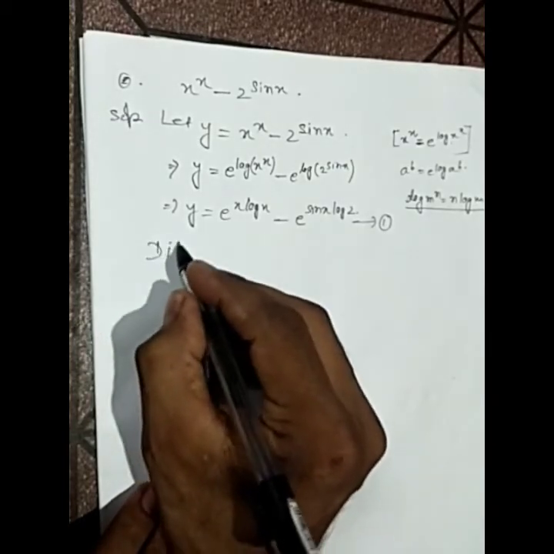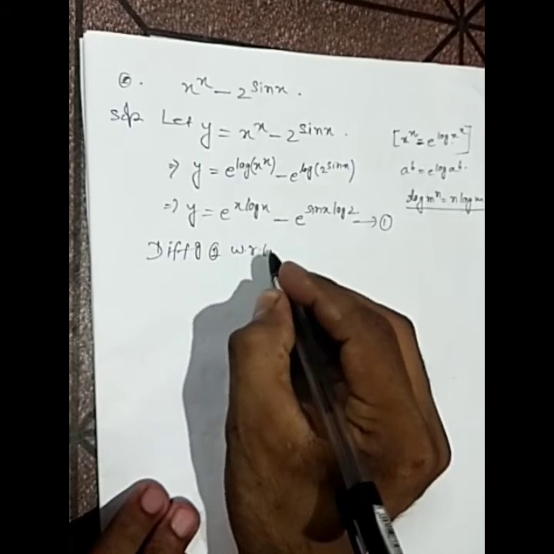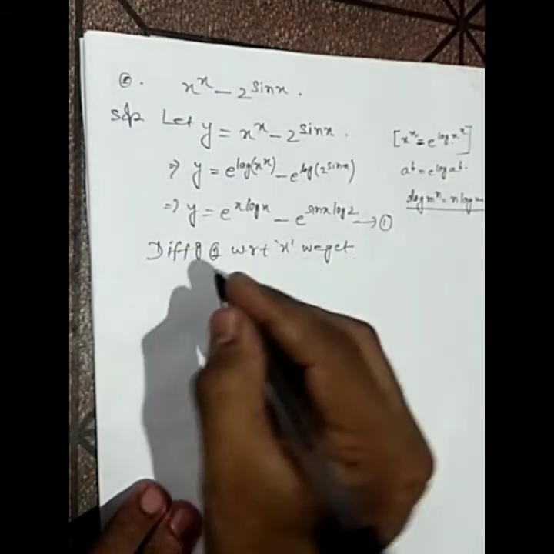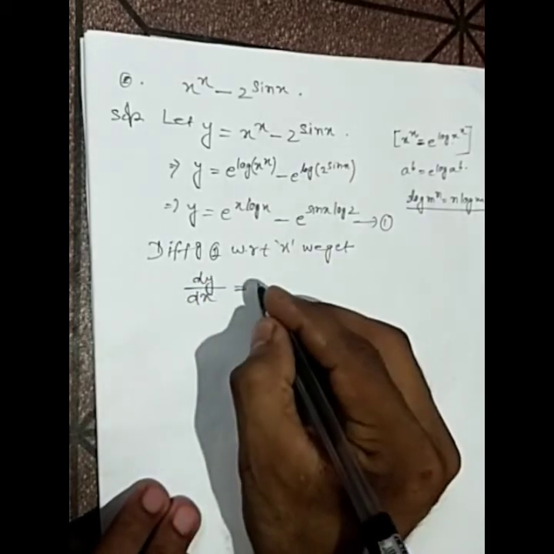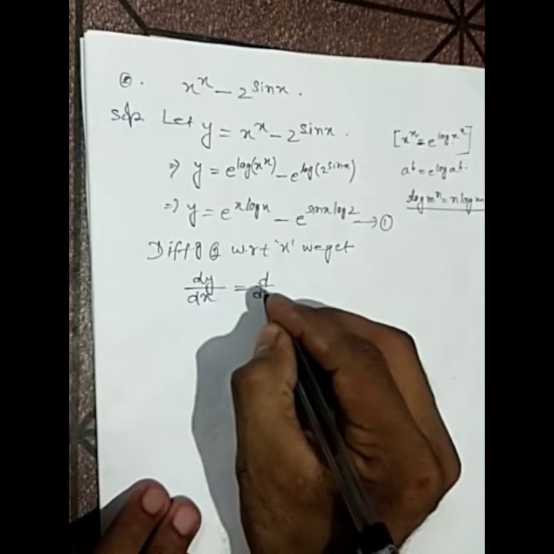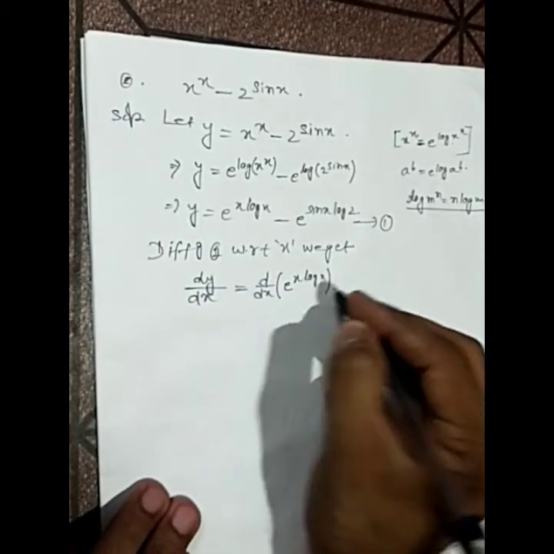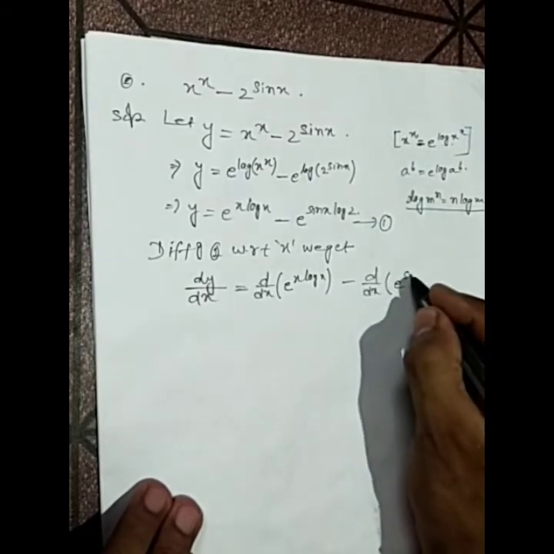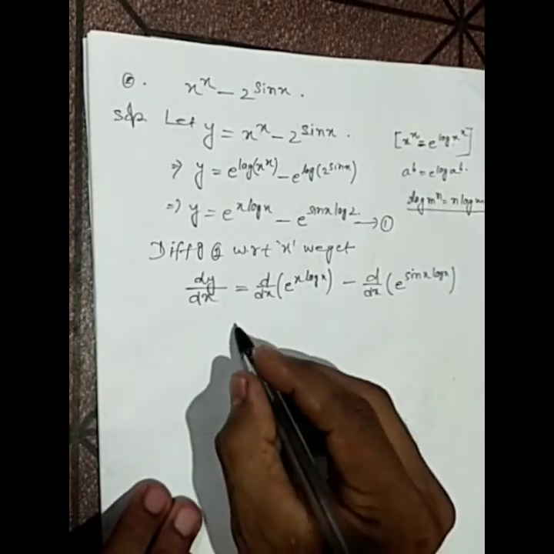Differentiating 1 with respect to x, what you will get? dy/dx equal d/dx of e to the power x log x minus d/dx of e to the power sin x log 2.